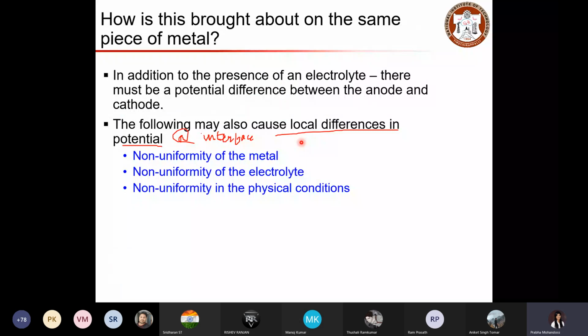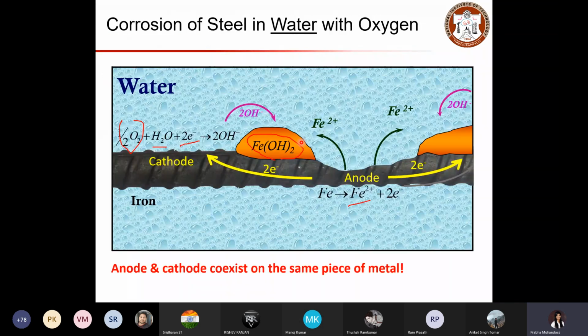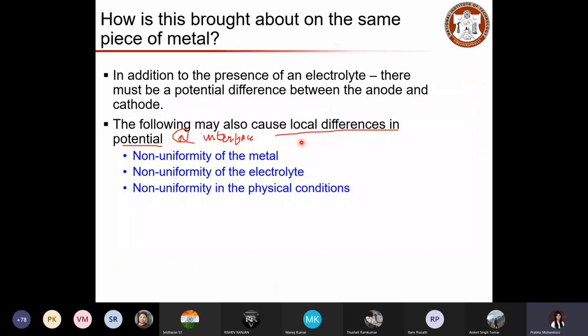And now let's look at how this is brought about on the same piece of metal. The corrosion can occur within the same material, or between two different types of materials, or between two different elements of the same material itself.